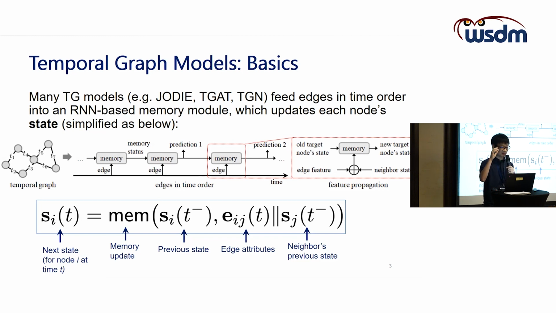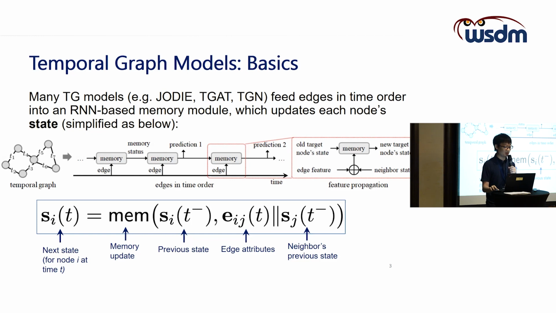Each time a node receives an edge, we make some kind of update to the state. Let's say this node on the top left receives an edge at time T1, and then there's some kind of update to the state. We can also look at this from the perspective of a single node. This timeline over here shows the edges encountered from the perspective of a single node.